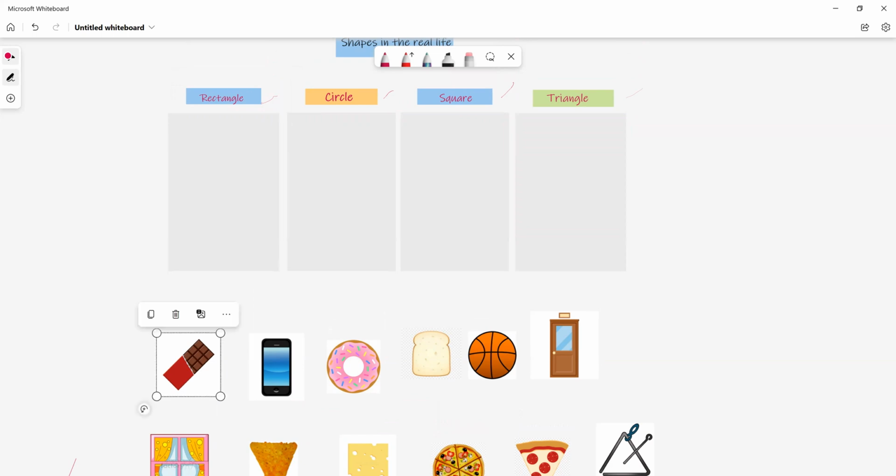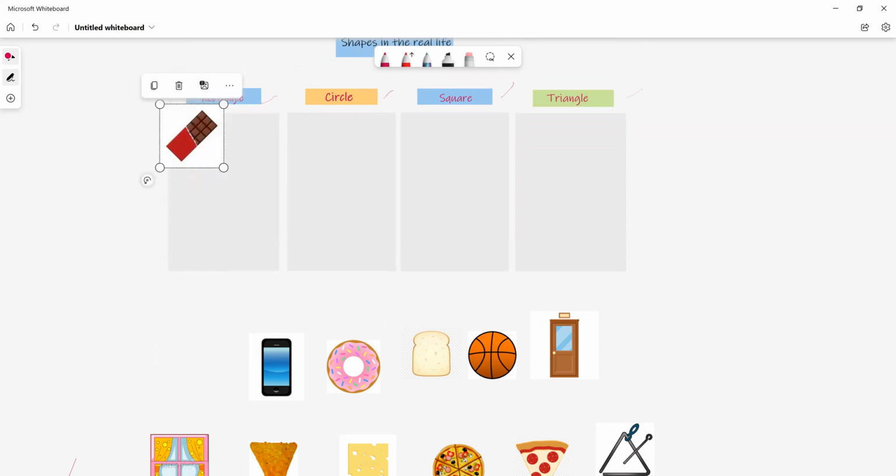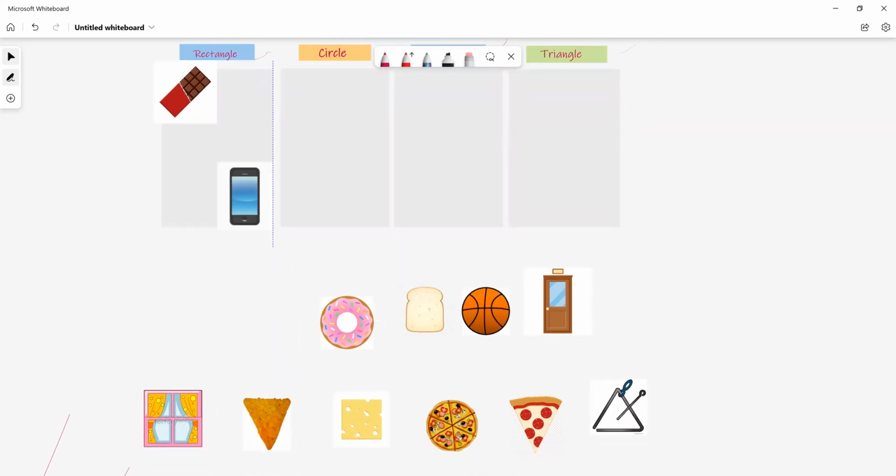Let's begin with the first one. We have a chocolate bar. Our chocolate bar is shaped as a rectangle. How about our phone? What shape is a phone? Yeah, a rectangle.